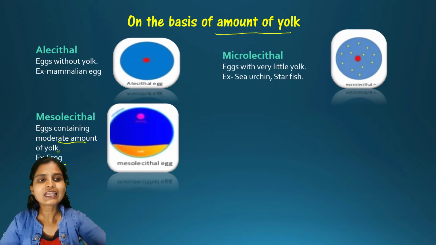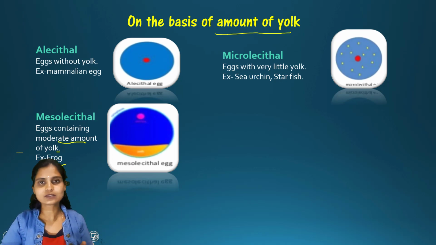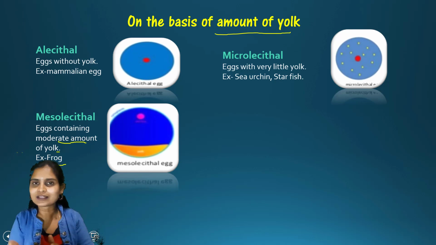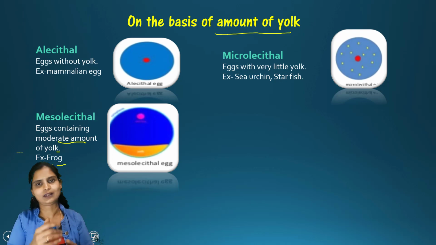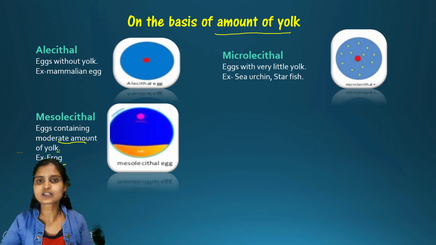In case of alecithal, yolk is negligible or absent, I said. Yolk is nothing but a nutritive tissue. So if yolk is absent, human beings have the placenta, which supplies nutrition from the mother to the young one, the developing embryo. That is why even if yolk is absent, we can manage.